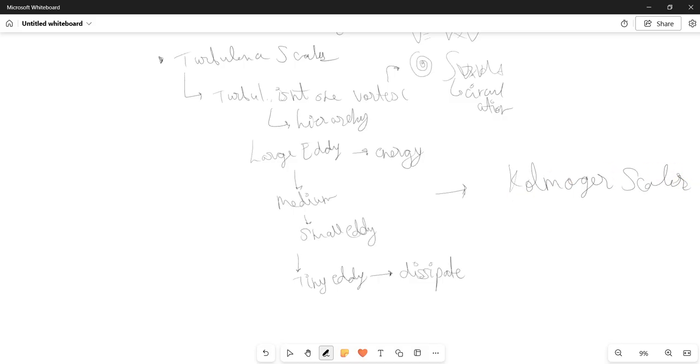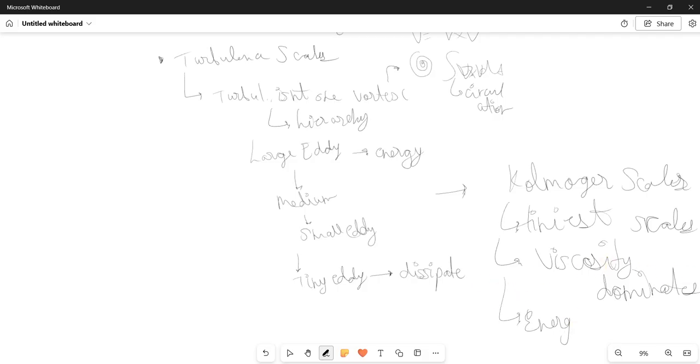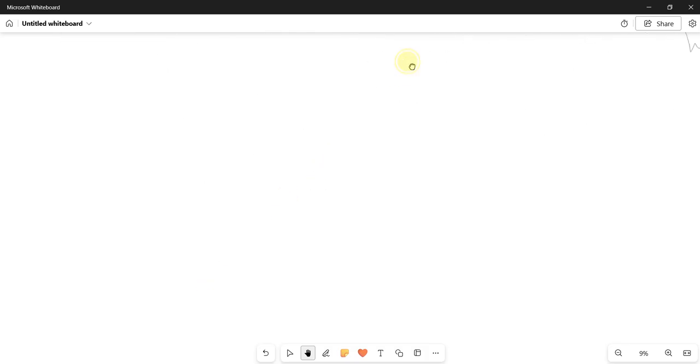These are the tiniest scales of turbulence. Here viscosity dominates, right? And energy finally becomes heat. It's the smallest one, so it dissipates energy, and it's dissipated in the form of heat, right? So this is all you have to know.